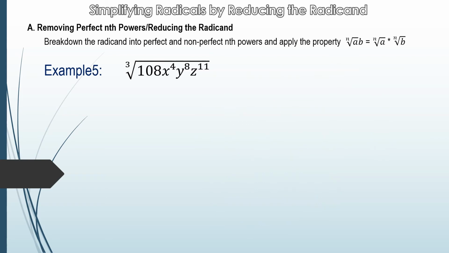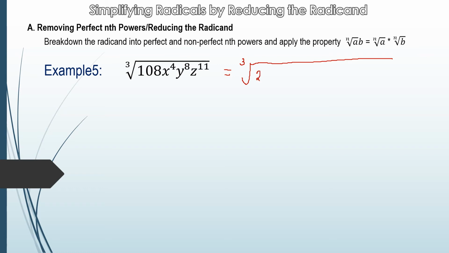Another example, let's say we have the cube root of 108, x to the 4th power, y raised to the 8th power, times z raised to the 11th power. So first, we will think of a factor pair for 108, in which one of the factors is a perfect cube.